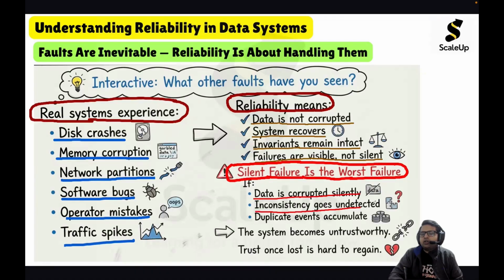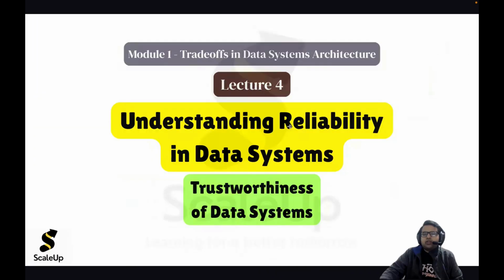Inconsistencies go undetected. Duplicate events accumulate. So all these scenarios lead to worse failures. Ultimately, the system becomes untrustworthy. Trust once lost is hard to regain.